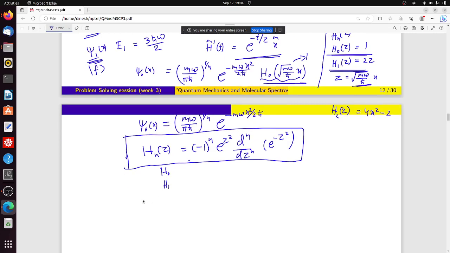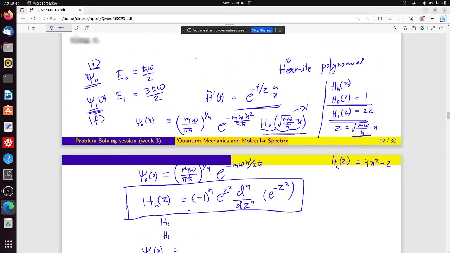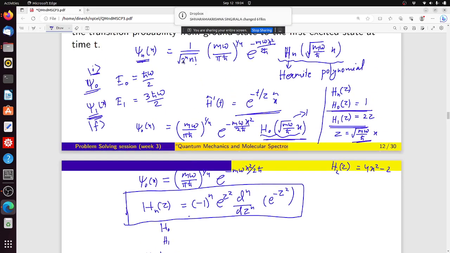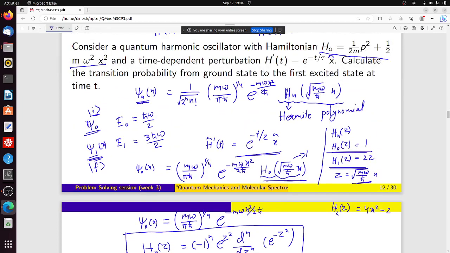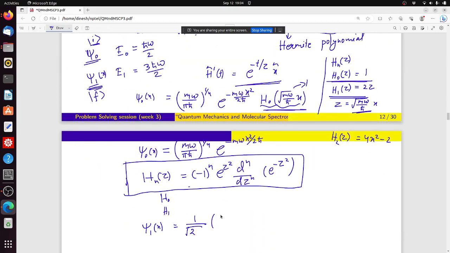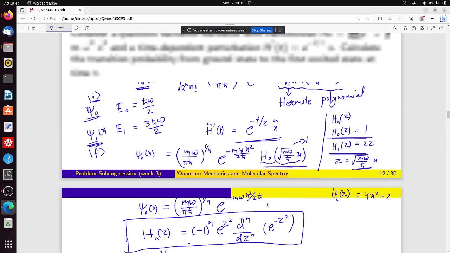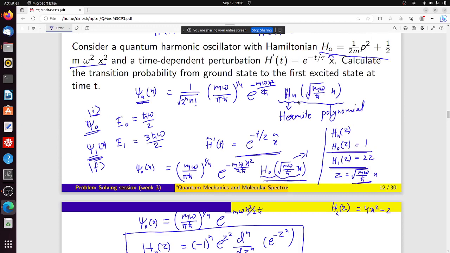Similarly we can write psi of 1: we have to put n equal to 1 here, so this will be 1 over root 2, then (m omega by pi h cross) to the power 1 by 4, e to the power minus m omega x square by 2h cross, then H1 of this function.